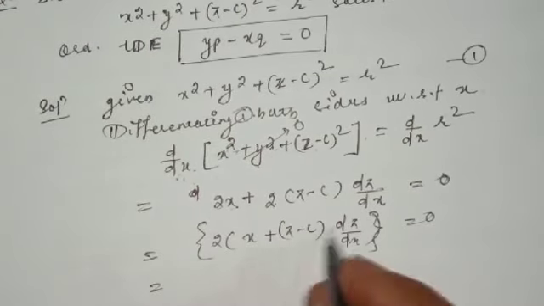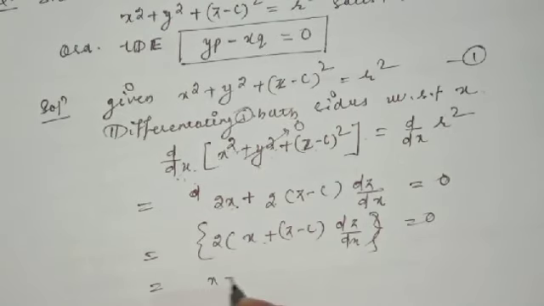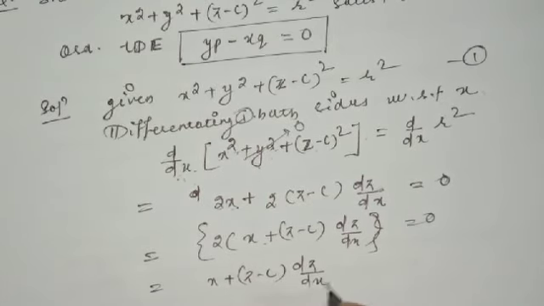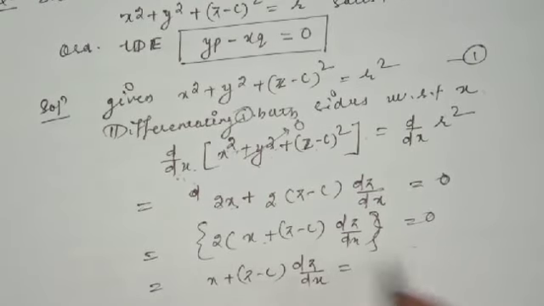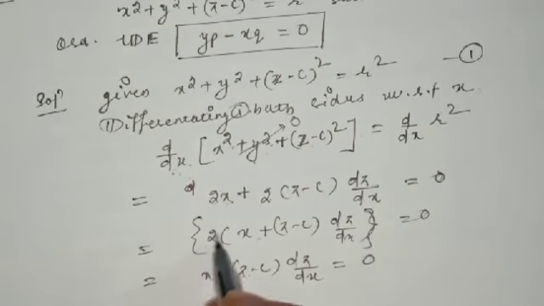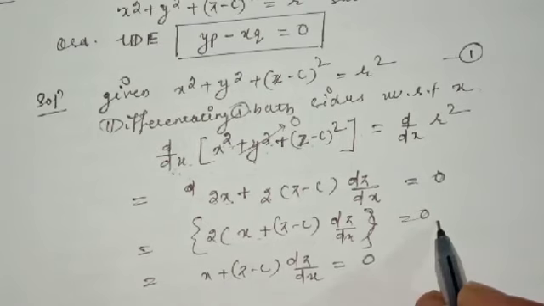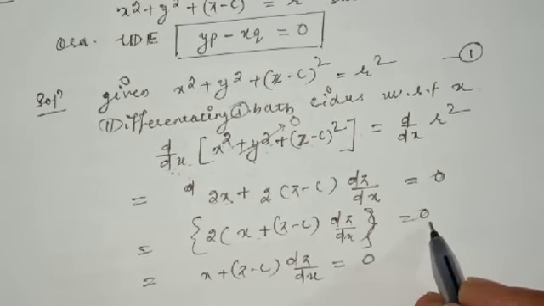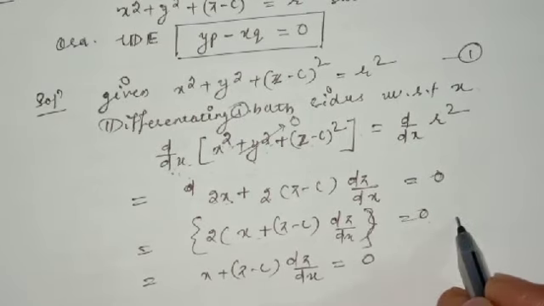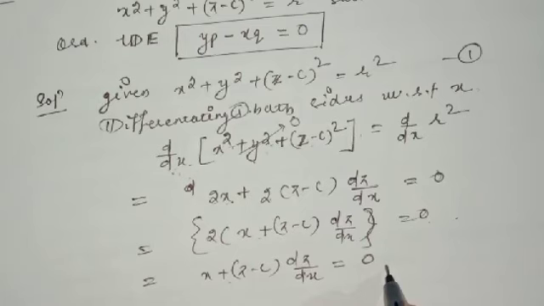This is 0 because 2 is a multiplier of this function, so 2 vanishes, 0 by 2 will be 0. So x plus (z minus c) dz by dx is equal to 0.